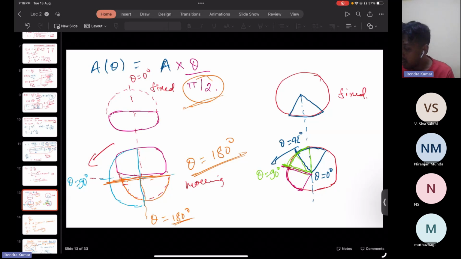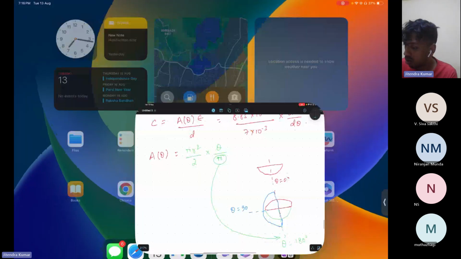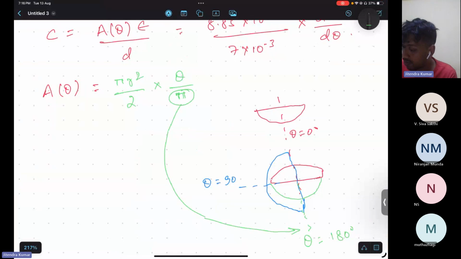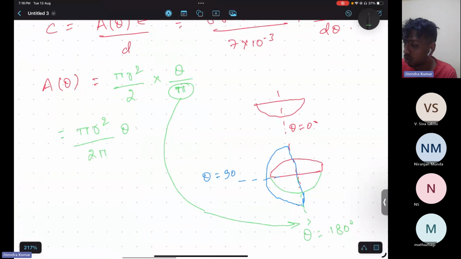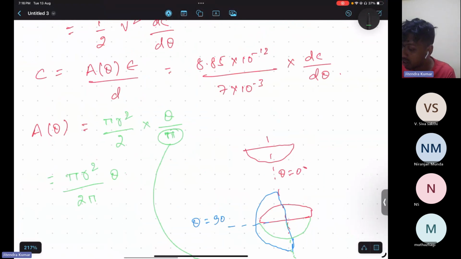Okay. So now theta is pi. So A theta is nothing but pi r square divided by 2 pi into theta. We can plug in this value here.